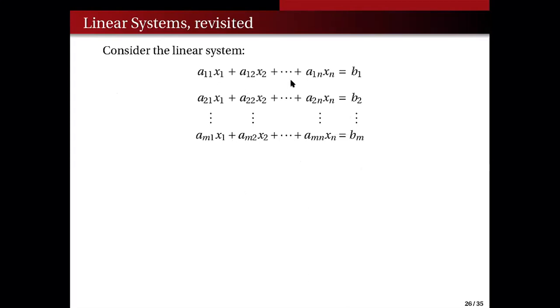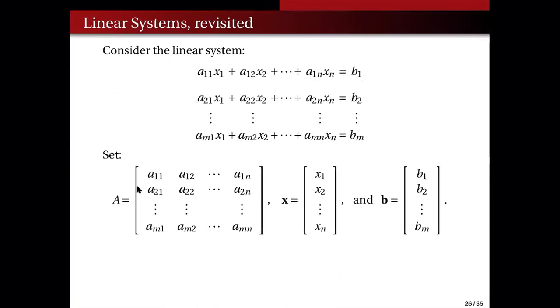We have a linear system: a11x1 plus a12x2 plus until a1n xn equals b1, etc. We can rewrite this into a matrix equation. We set capital A to be the matrix with entries a11, a12 until a1n, a21, a22 until a2n, am1, am2 until amn. This matrix we call the matrix of coefficients.